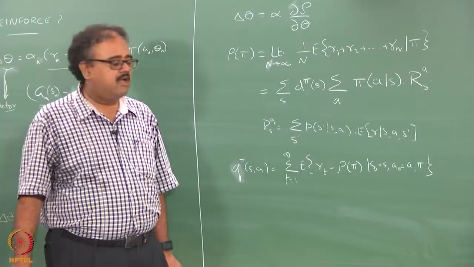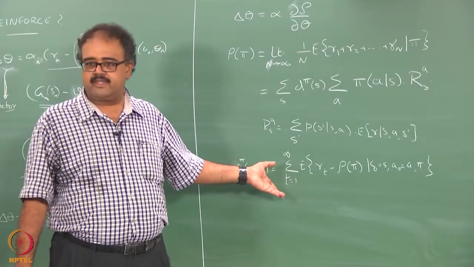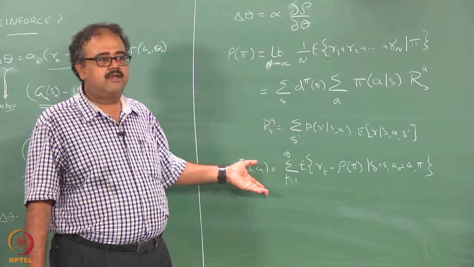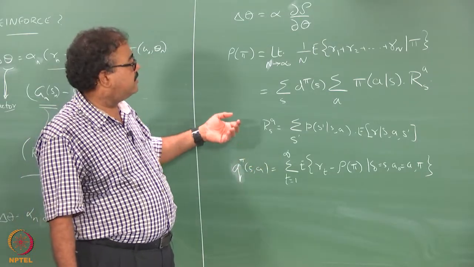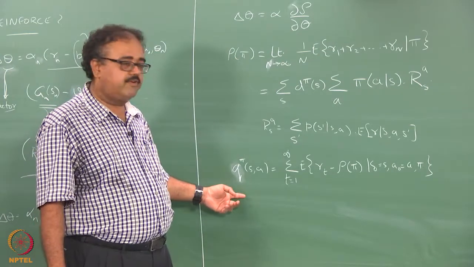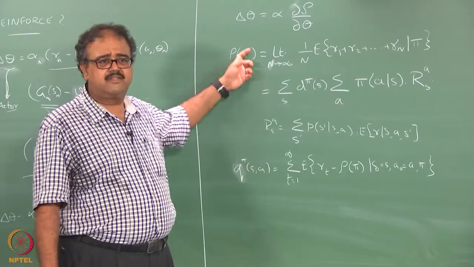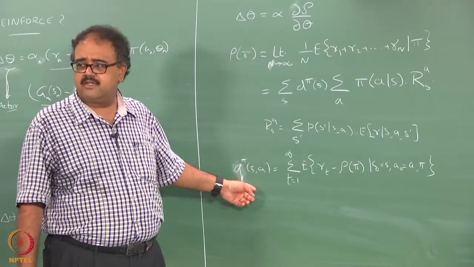It looks a little counterintuitive, I am just pointing it out to you already. Rho is typically called the gain of a policy, and this Q function is called the bias of a policy. I think I got it right, that is the gain and this is the bias.